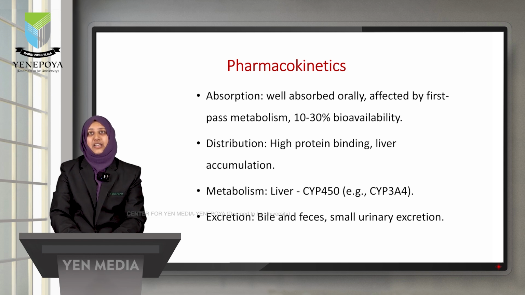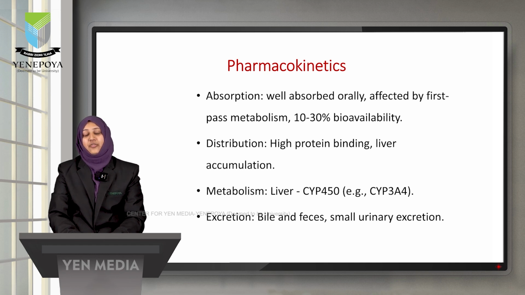Regarding distribution, they are highly protein bound and accumulate in the liver, and metabolism takes place in the liver with the help of CYP450 enzymes. Excretion of statins takes place in bile and feces, and a small amount of excretion can happen through urine.